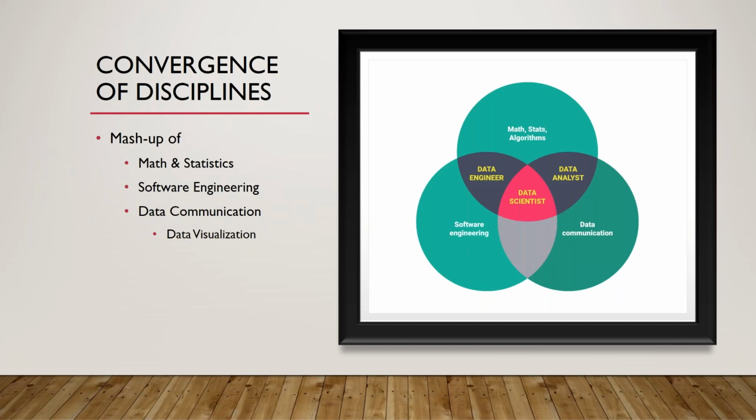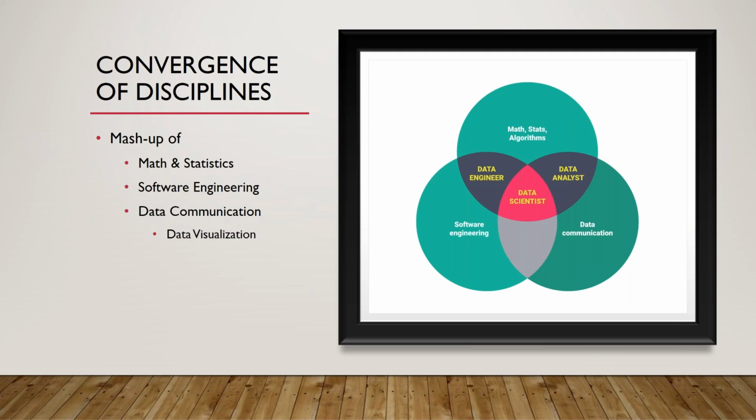You're going to need data architects, software engineers, subject matter experts, right? So essentially, data science and data analytics is a convergence of disciplines. If you want to think of it like a mashup, it's a mashup of math and statistics, software engineering, and data communication.